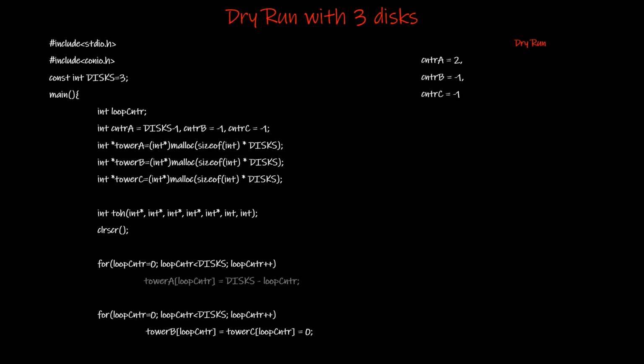Then we do a for loop and values are assigned to the array represented by tower A. These are the values 3, 2, 1. 3 is at index position 0, 2 at index position 1, and 1 at index position 2 of tower A. Then we do one more for loop and tower B and tower C arrays are initialized, all set to zeros.